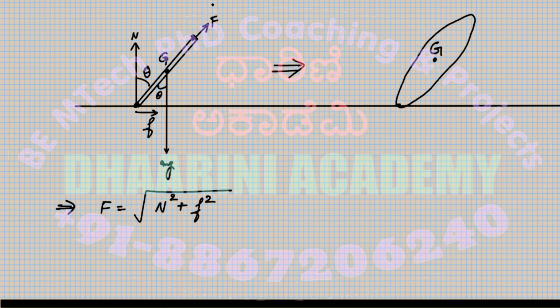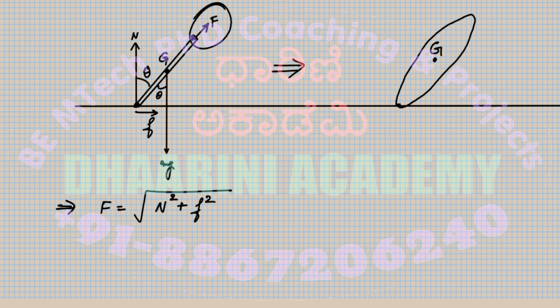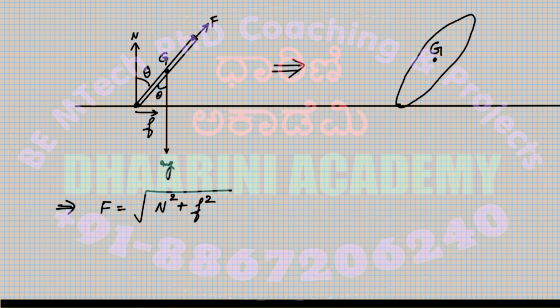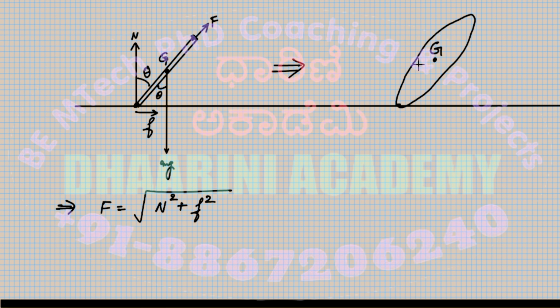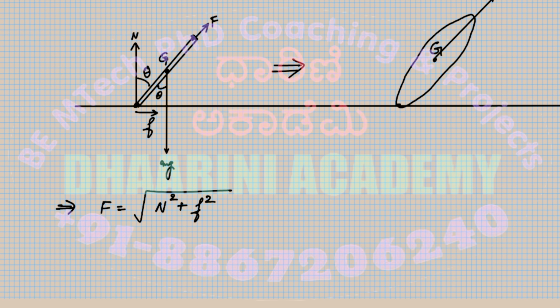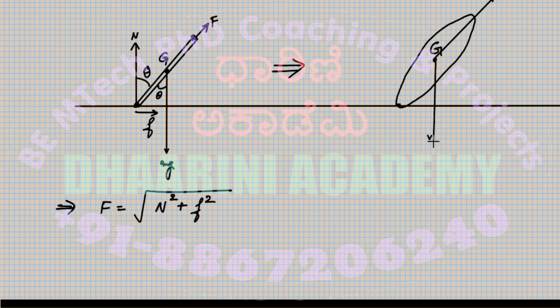Now you see, F is here, mg is here. I have to find the resultant of that. Let me mark the F first. Okay, so this is the F. And at the same point, let me assume this is the mg.